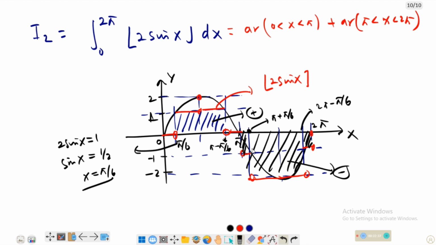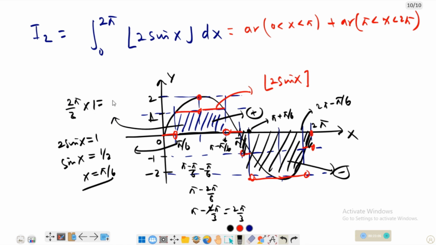So this length is pi minus pi by 6 minus pi by 6, which is pi minus 2 pi by 6, that is pi minus pi by 3, equal to 2 pi by 3. So this length is 2 pi by 3 and height is 1, so this integral is equal to 2 pi by 3.